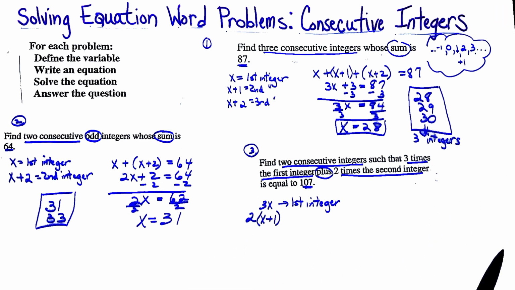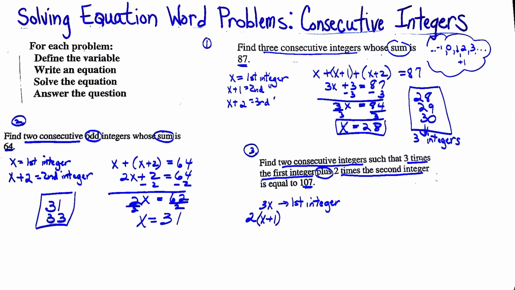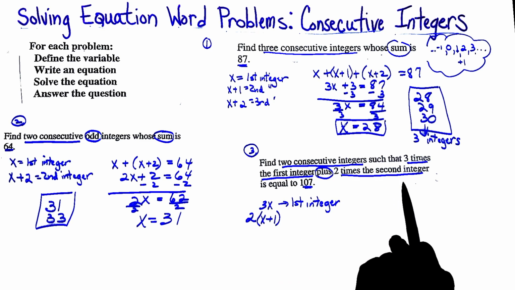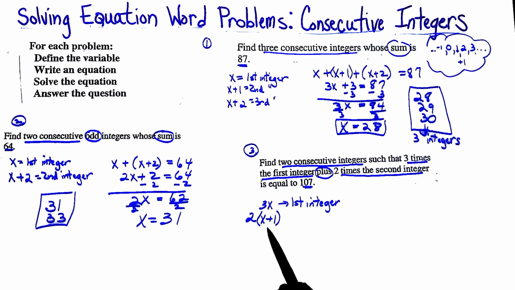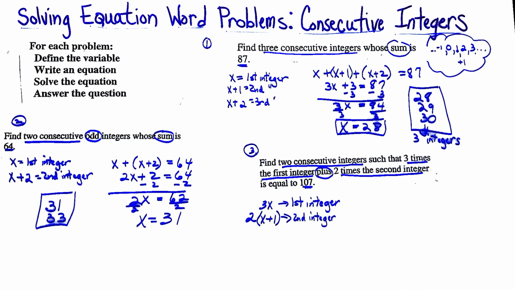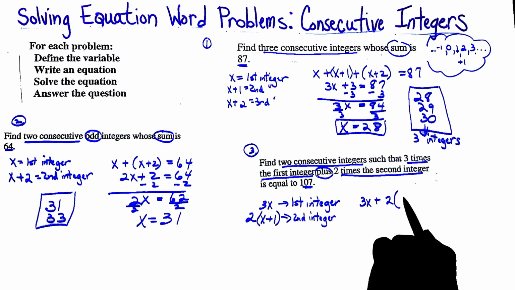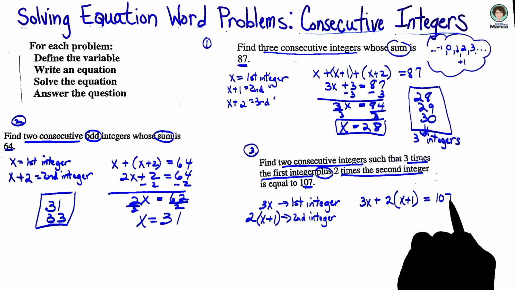Just like our first integer here is 1, our second integer is 2. We had to do that x plus 1, and then they're telling us that it's 2 times that. So this is our second integer. A little bit tricky, isn't it? All right, well now guess what? It says plus, so we're going to add them. 3x plus 2 times the quantity of x plus 1 is equal to 107.